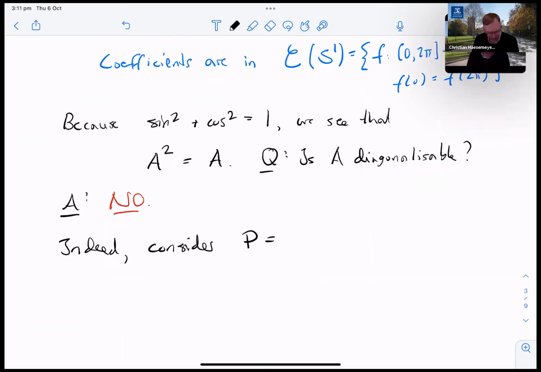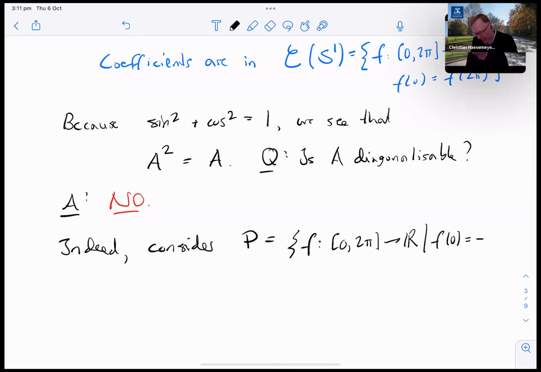So P is going to be all the continuous functions from 0 to pi to the real numbers. But now, instead of f of 0 being equal to f of 2 pi, I'm going to require that f of 0 is the negative of f of 2 pi.